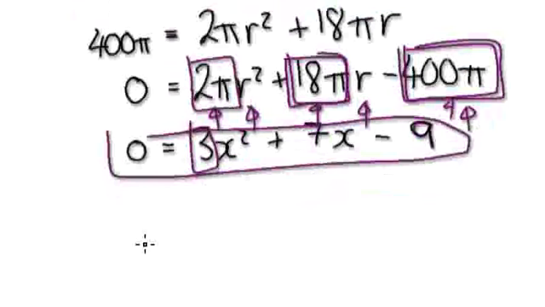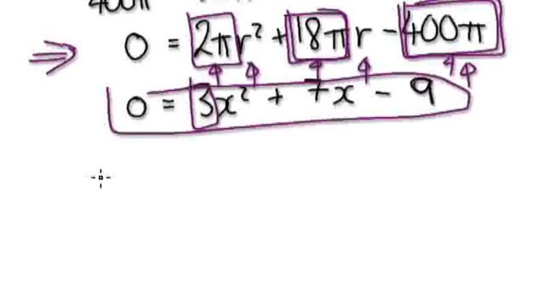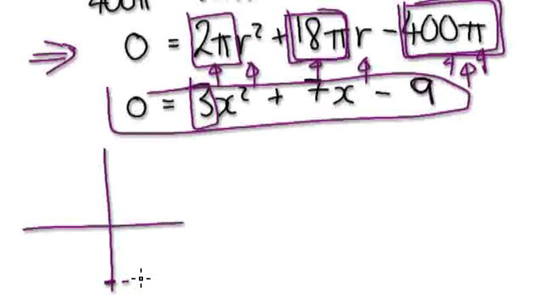So let's sketch our graph. Given this equation, our graph will look something like this. Here the intercept is minus 400 pi, so this here will be minus 400 pi.